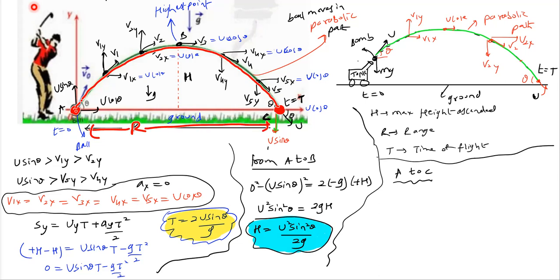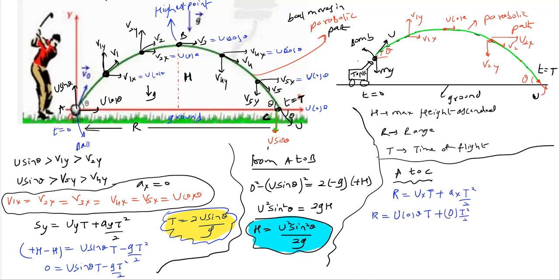So we'll apply equations of motion along the x-axis. R equal to u_x t plus half a_x t square. S equal to ut plus half a t square. Then range equal to, what is u_x? This one, u cos theta, times the time of flight, plus 0 times t square by 2.